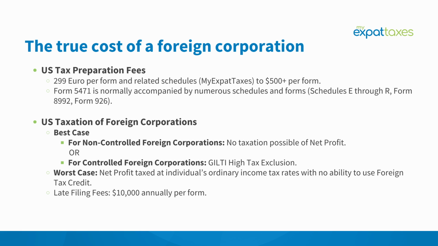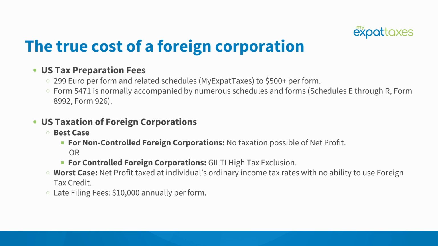So if your company is incorporated in a country with very low corporate tax rates, Estonia, I'm looking at you, Romania, Hong Kong too, this gets tricky. You will need to do proper planning. Because if you pull out salary, you can use foreign earned income exclusion and foreign tax credit on your salary.